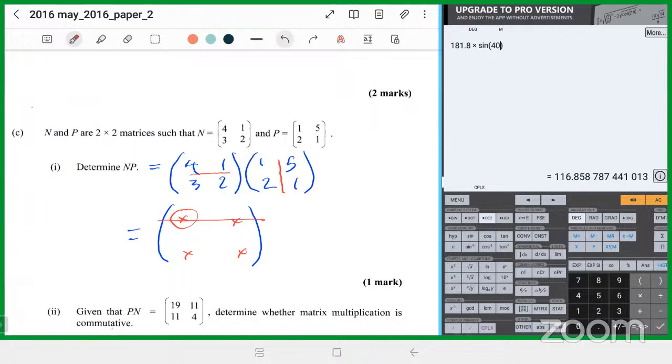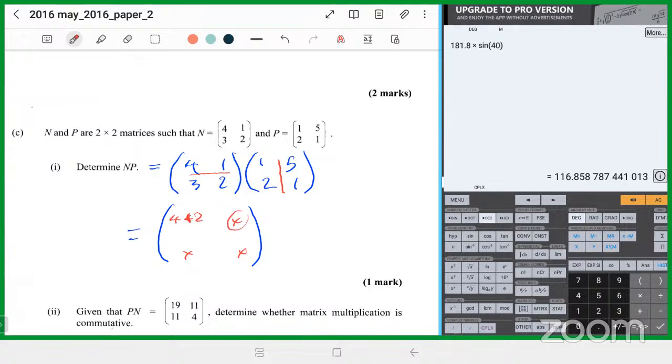You multiply the first element in the row by the first element in the column, second element in the row by the second element in the column. 4 times 1, and 1 times 2. 4 times 1 is 4, 1 times 2 is 2.